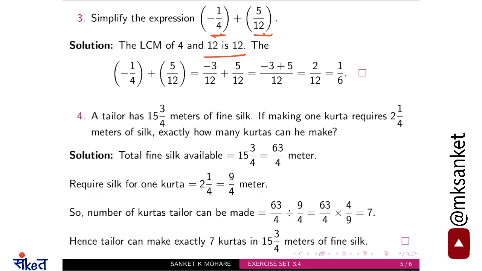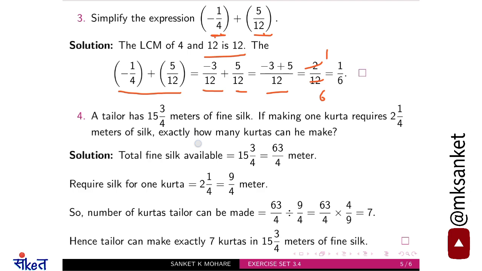So multiplying negative 1 by 4 by 3 in both numerator and denominator, we get negative 1 by 4 plus 5 by 12 is equal to negative 3 by 12 plus 5 by 12. Now the denominator is the same, which is equal to minus 3 plus 5 by 12. Minus 3 plus 5, 2 upon 12. 2 by 12, 2 ones are 2, 2 sixes are 12, which is equal to 1 by 6.